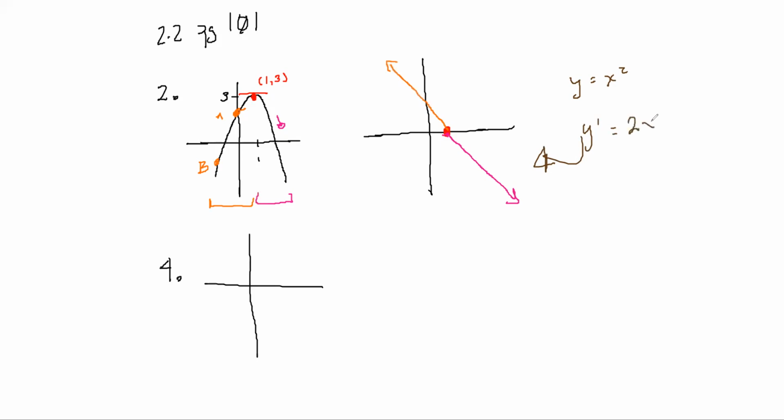So if it's just a regular old parabola, it's going to be 2x. In this case, because it's not a regular old parabola, these are not the exact equations, but the idea is that we go from an x squared function, this is a parabola function, we take a derivative, and now we have a function that is linear.